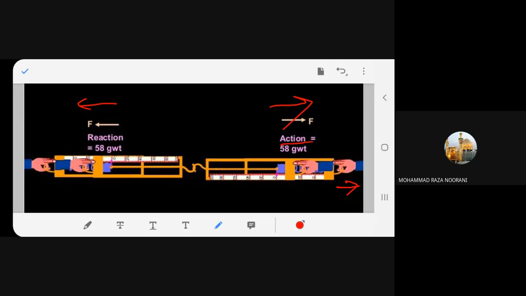So action you can say and the reaction you can say is both 50 gram weight. Both are same. But now it's opposite, it's on different objects, it's the same, you understood? But the acceleration will be different. Hope you have understood. Yes, ma'am.